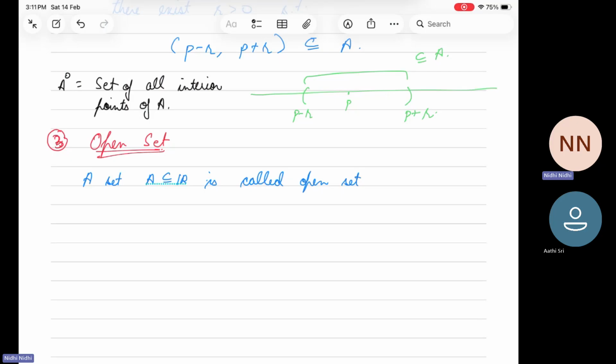That means if A naught is equal to A. That is, every point of the set A is an interior point of A. If such a condition happens, then we say that the set A is an open set.